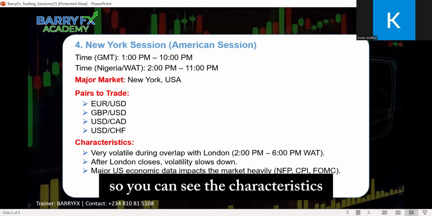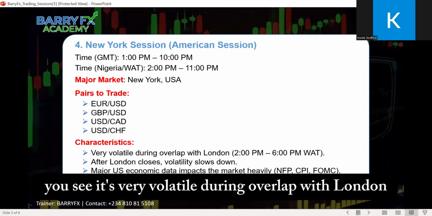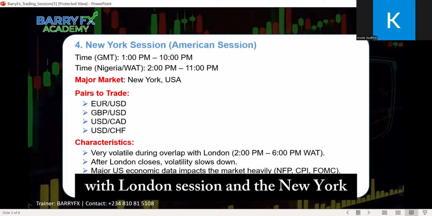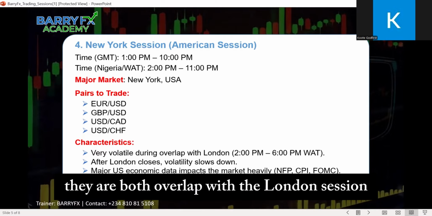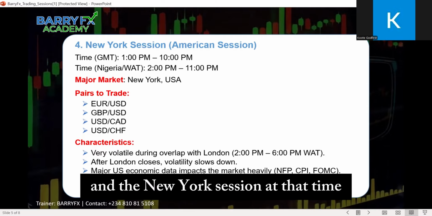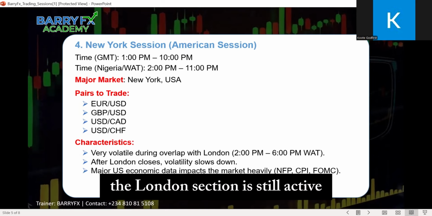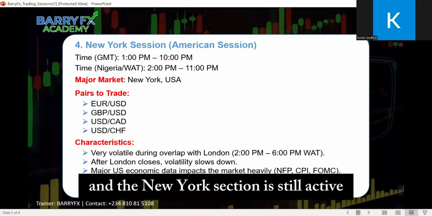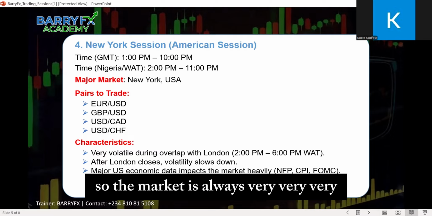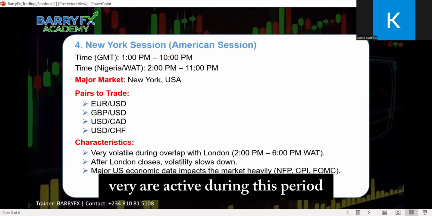So you can see the characteristics. It's very volatile during the overlap of the London session and the New York session. They are both on at that time. The London session is still active and the New York session is still active. So the market is always very active during this period.